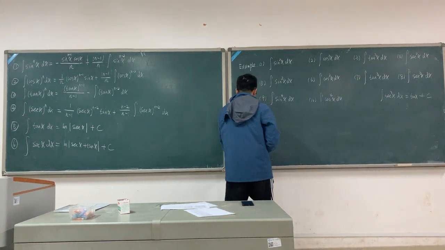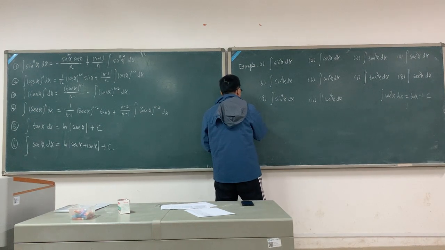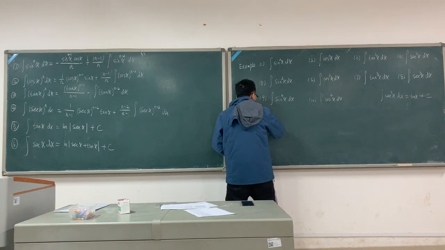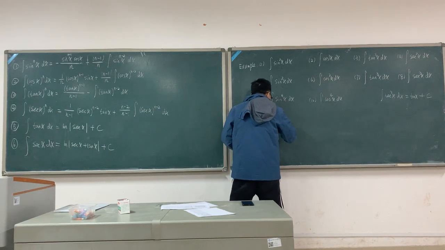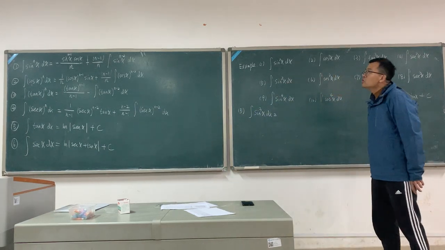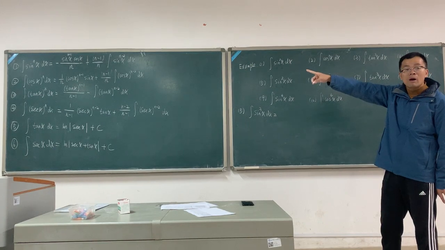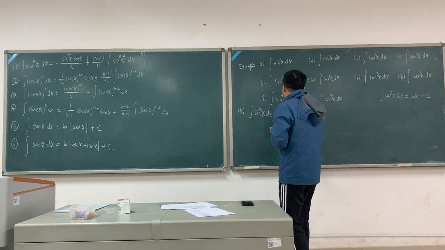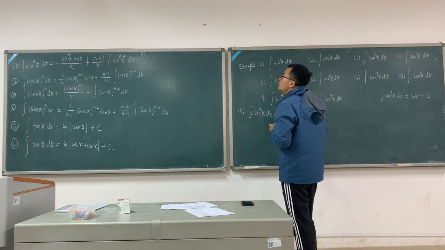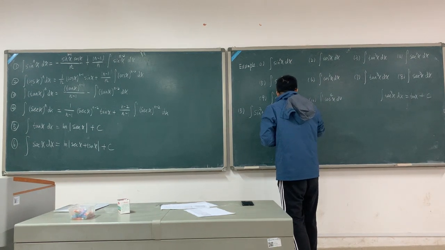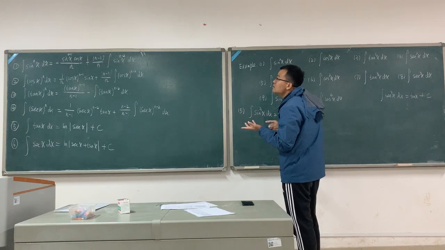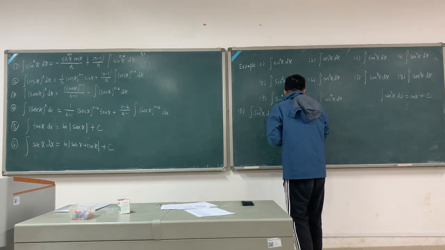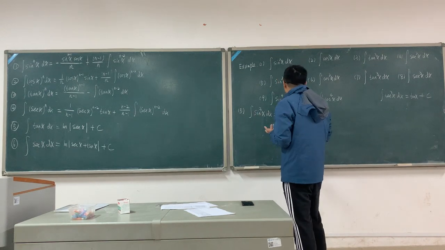Number 5 is the antiderivative of sin x cubed. We use the number 1 formula, so here it is minus sin x to the power 3 minus 1, so the 2 power, cosine x by n, which is 3.